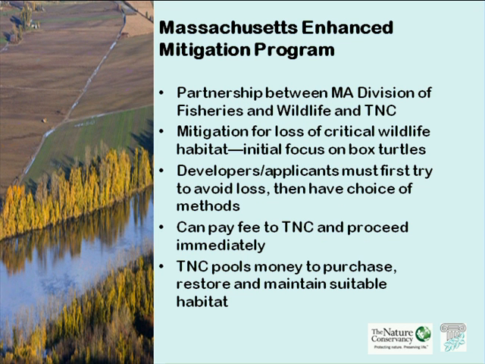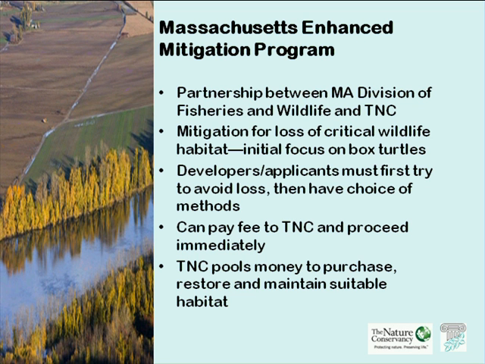So the Massachusetts Enhanced Mitigation Program is a partnership between the Nature Conservancy and the state of Massachusetts. It's mitigation for the loss of critical wildlife habitat. And the way this works is you can mitigate on site, you can do traditional things, but if you want to go quickly, you simply pay money into a fund after having tried to avoid whatever impacts you can avoid.